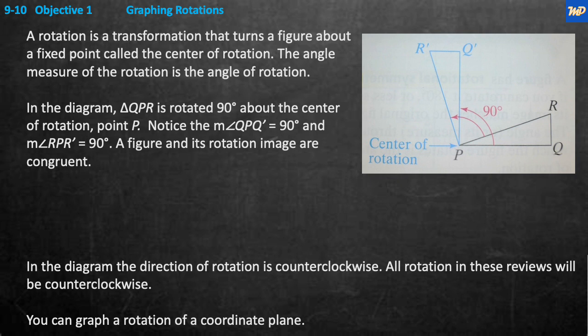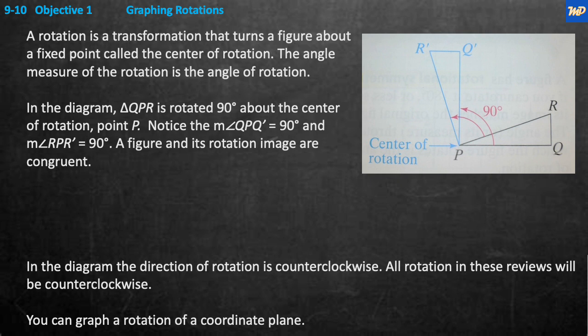The measure of angle QPQ prime is 90 degrees, and the measure of angle RPR prime equals 90 degrees. Sorry for disrupting that line of thought there.